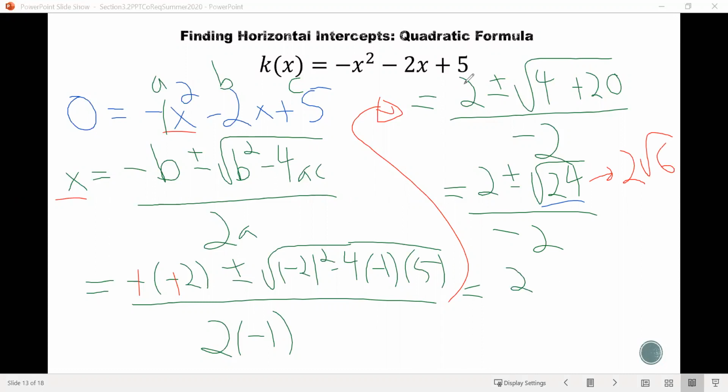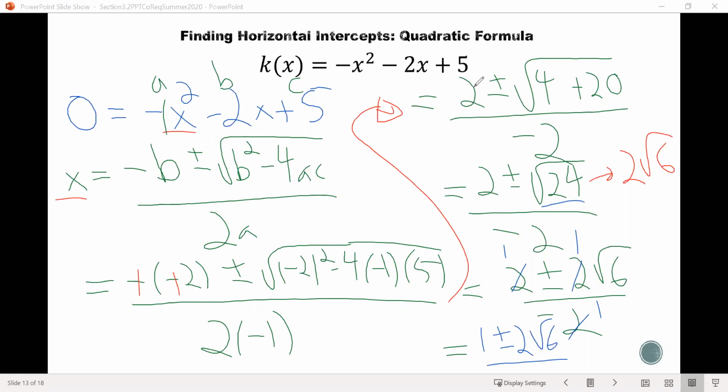So our answers here for x are 2 plus or minus 2 root 6 all over negative 2, which we can leave like that, or because we note that all the coefficients are divisible by 2, we could divide all those by 2. So 2 divided by 2 is 1, 2 divided by 2 is 1, 2 divided by 2 is 1. So it's going to become 1 plus or minus root 6 over negative 1.